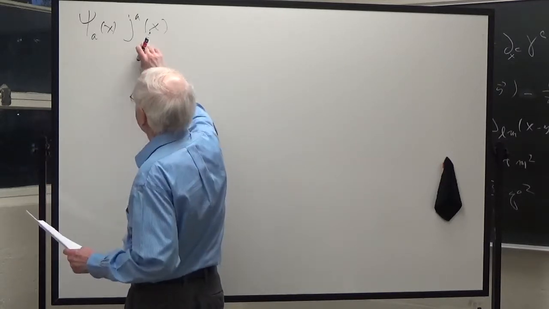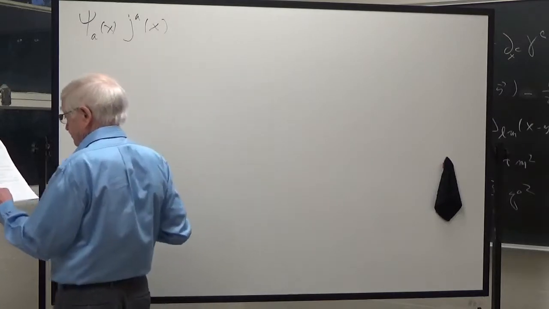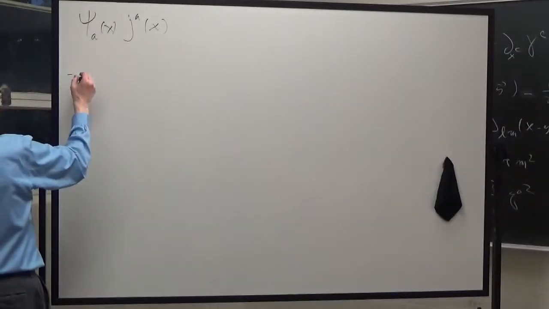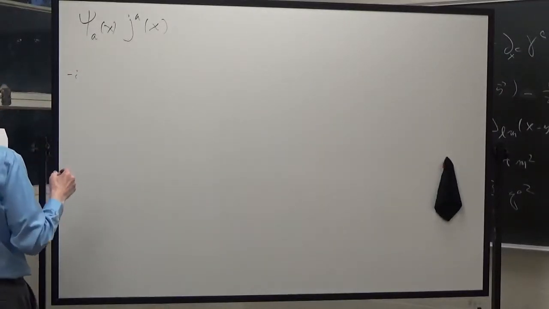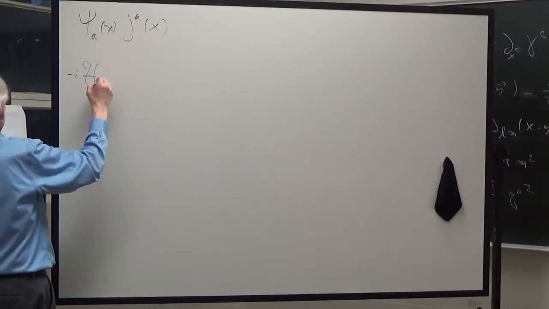So let's just say that if this is a term in the Hamiltonian, then if you do Dyson's expansion in second order, you're going to get something like this.